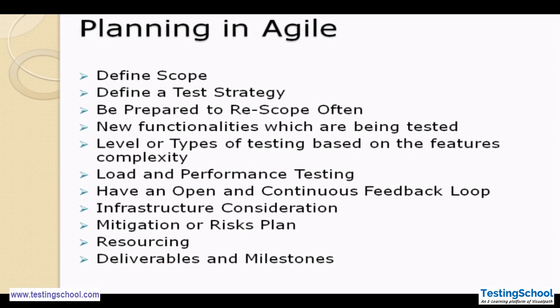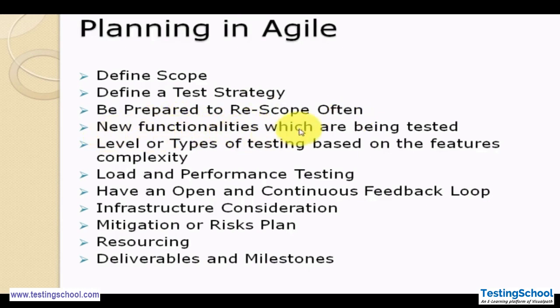In the scope, we see what we will cover in this particular testing. The agile model gives you the flexibility to update or change your requirements. That's why we have a third point: be prepared to rescope our requirements.